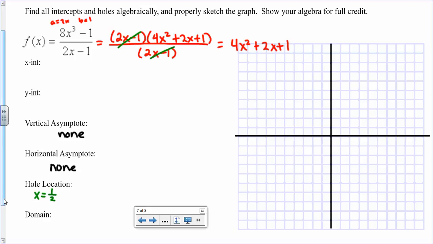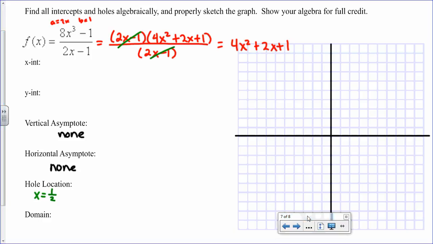So, to find the hole location, you know x is 1/2, plug it back into your simplified function. So call the simplified one g of x, just so it's something a little different than f of x.